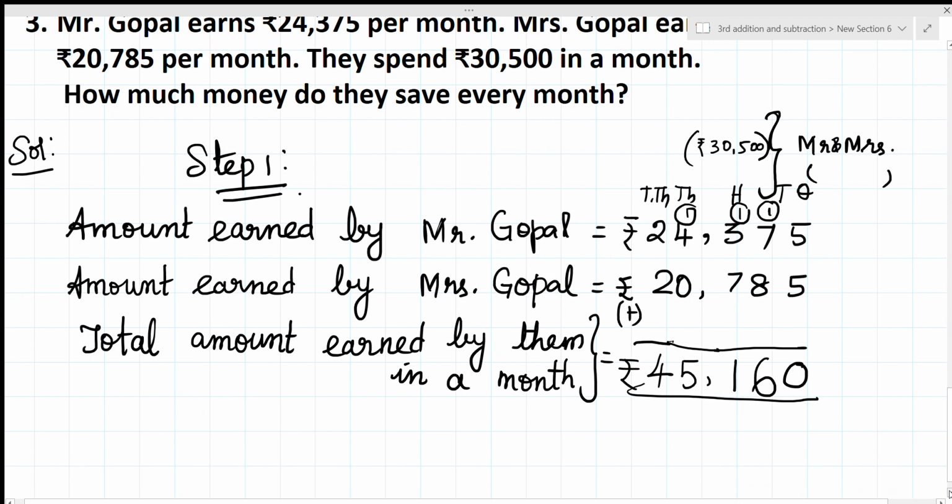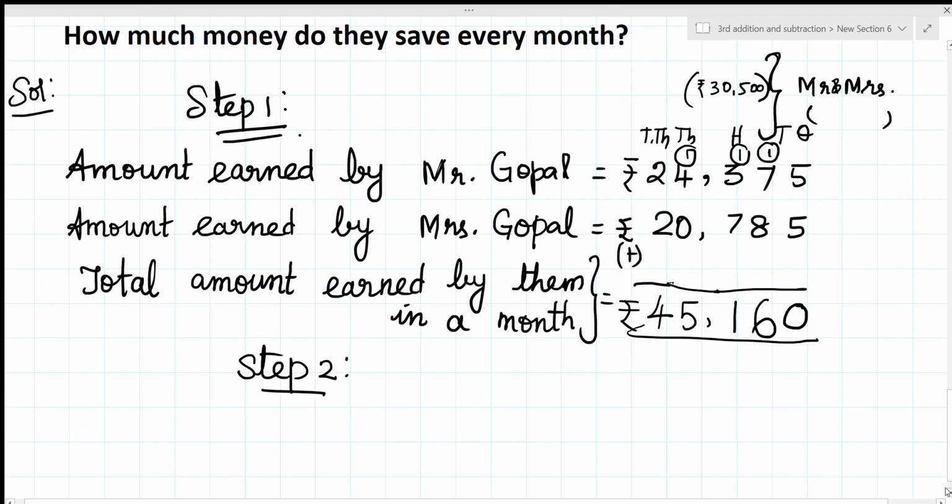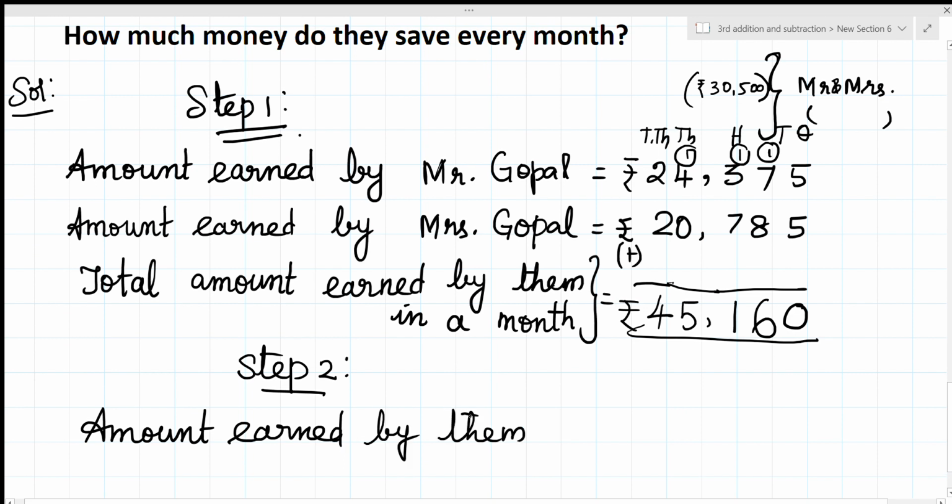Now we'll do step 2. In step 2, the first statement is amount earned by them in a month. How much they earned? Yes, that is the answer of step 1.